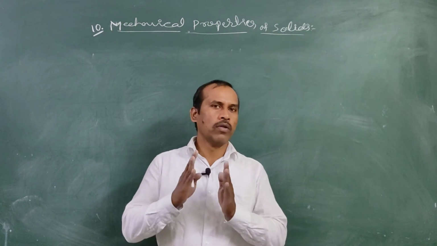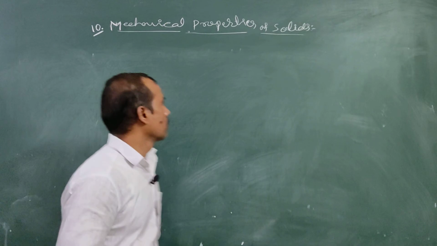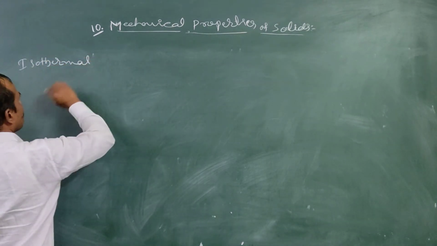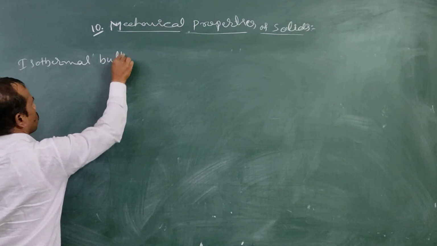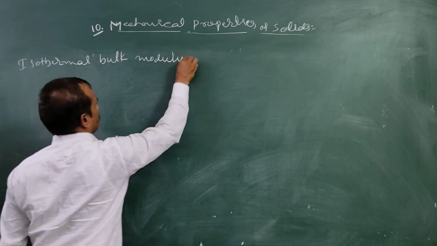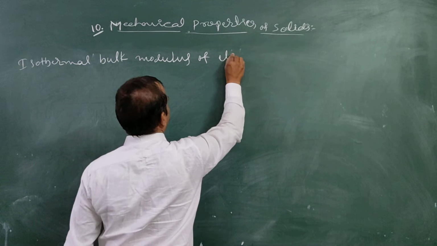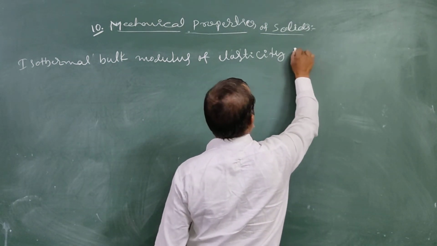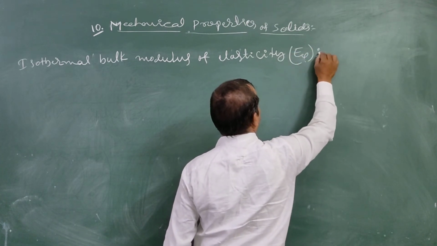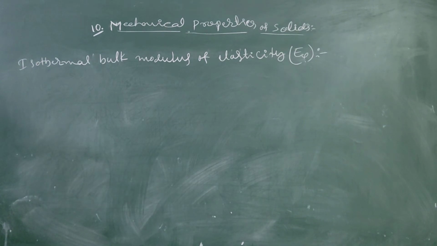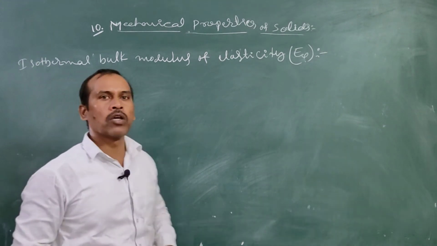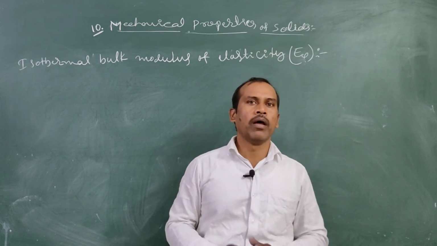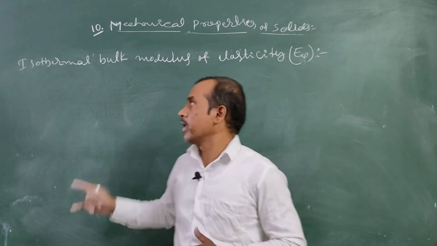The statement: the bulk modulus of a gas in isothermal condition is defined as the isothermal bulk modulus of elasticity. It is indicated here by E theta.